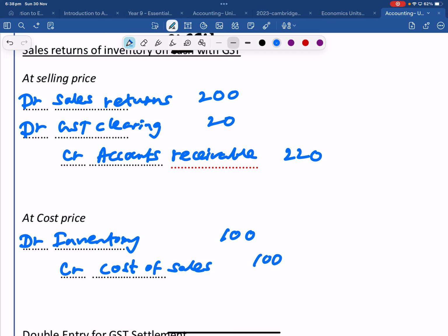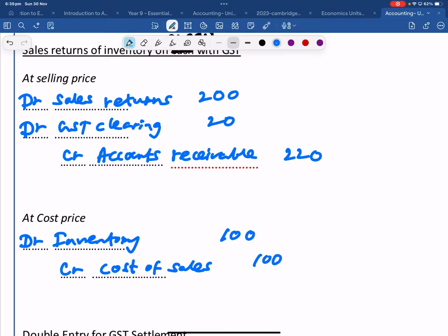So basically the owner wants to know what is going on with the sales return. Understandability is correct too, for decision making purposes.